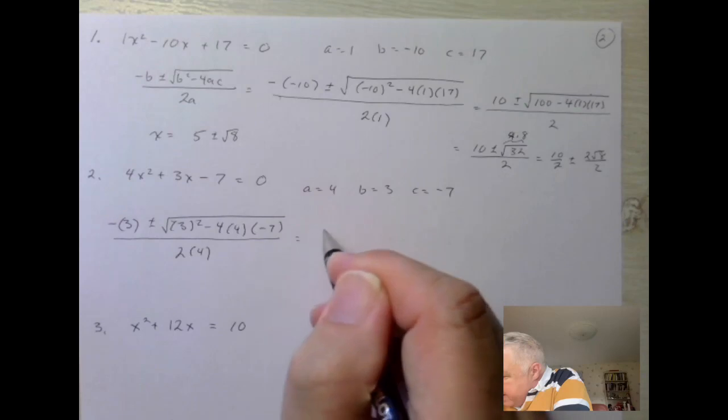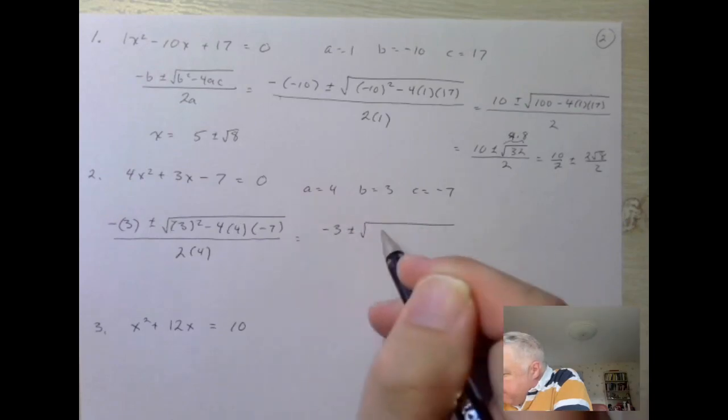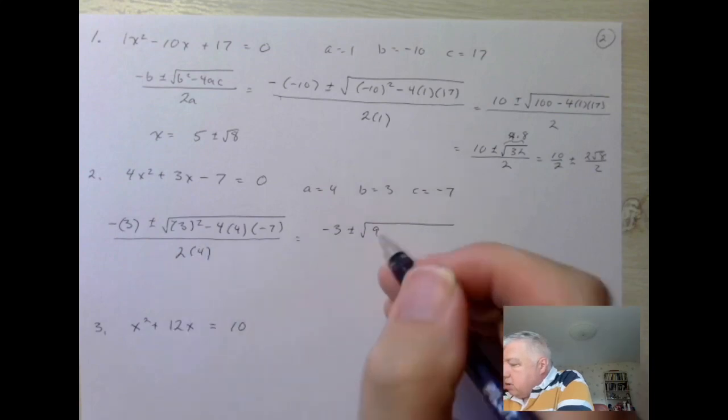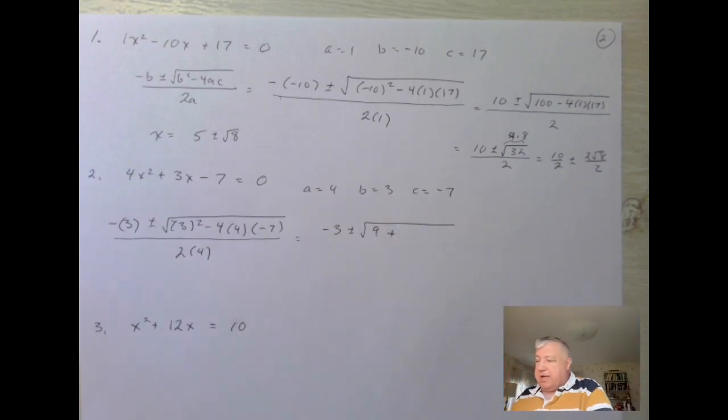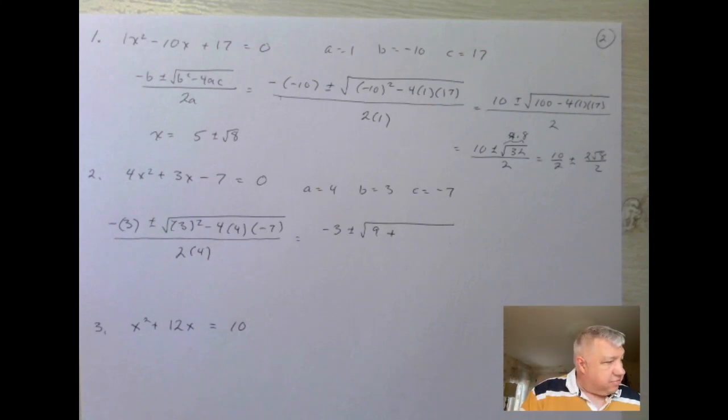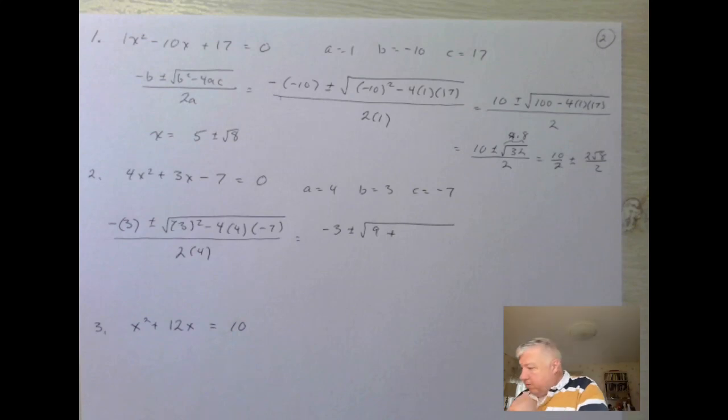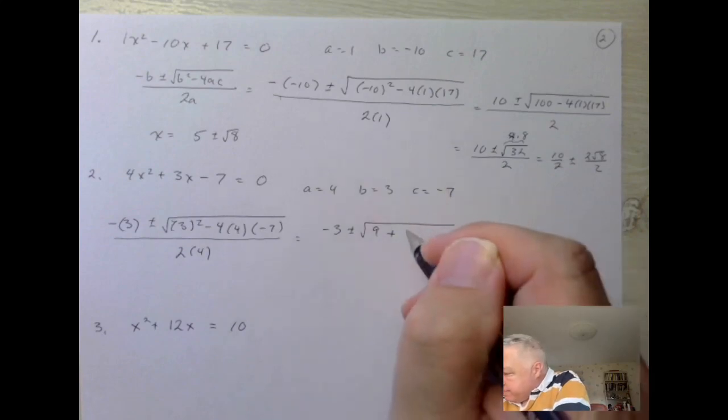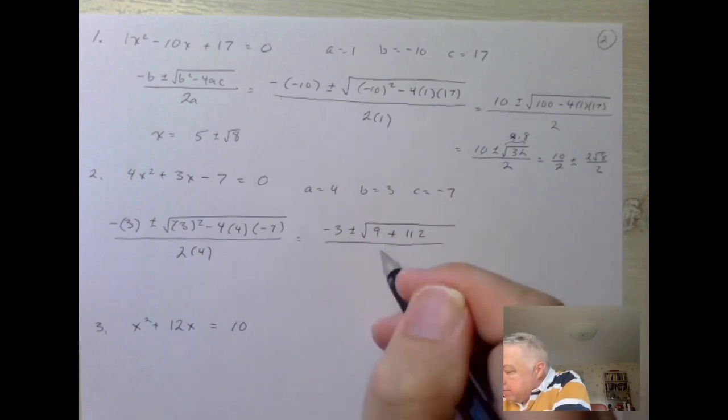This is going to be negative 3 plus or minus the square root of 9 plus, because this minus and this minus cancel out, 16 times 7, and of course, I don't expect you to do that in your head necessarily. 16 times 7 is 112, okay. So the whole thing turns out to be the square root of 121, over 8.